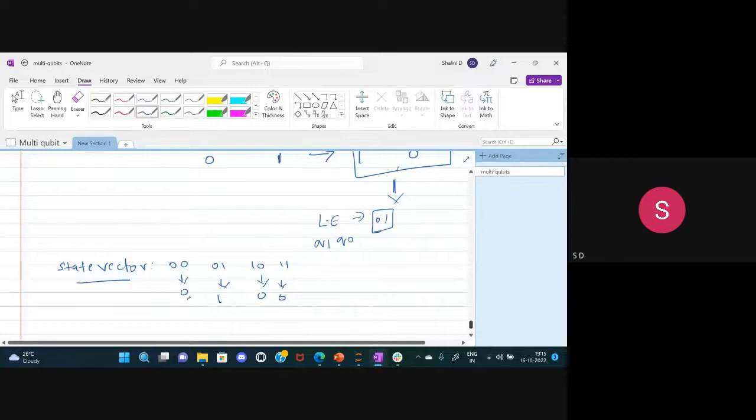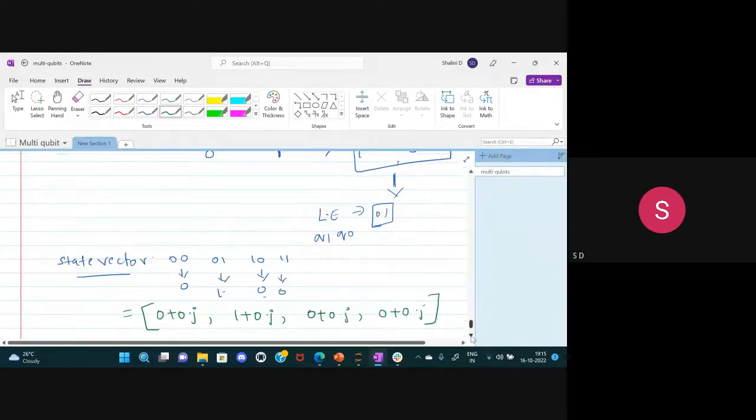You have to apply a complex value for this, so this will be 0 plus 0 into j, comma 1 plus 0 into j, comma 0 plus 0 into j, comma 0 plus 0 into j. So this is how the state vector will be.